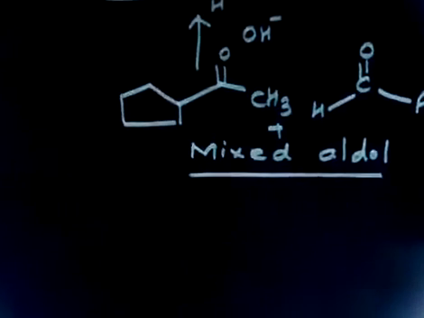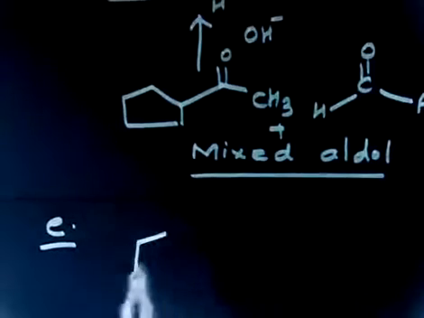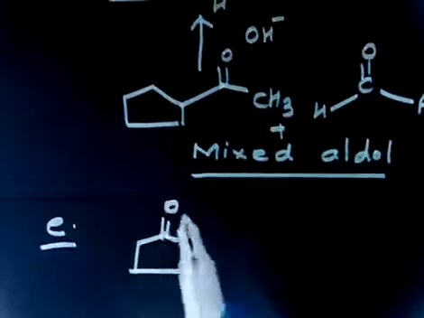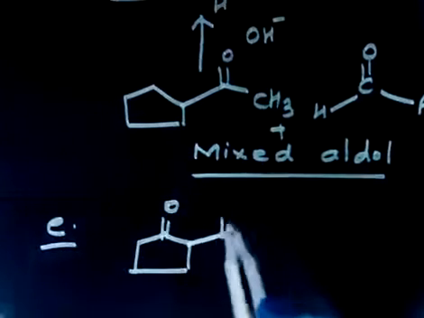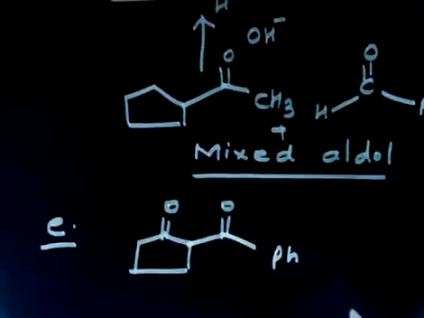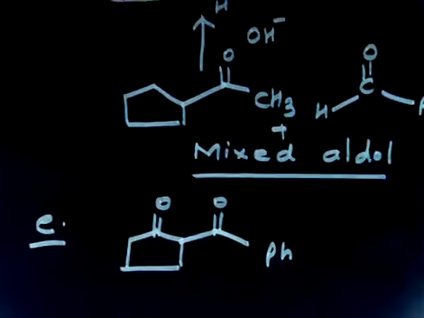So let us say E part. This says I have this compound, double bond O here, and this side double bond O, and this side I have Ph. How can I prepare this compound? Once again you have something COEt kind of thing.